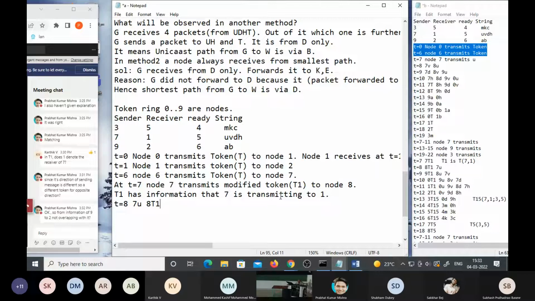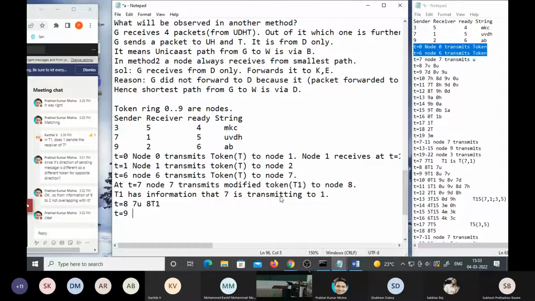Is this all right to you or is there any doubt? At t equal to 8, 7 is transmitting U, and at t equal to 9, 7 is transmitting V. 8 is transmitting U and 9 is transmitting token T1.